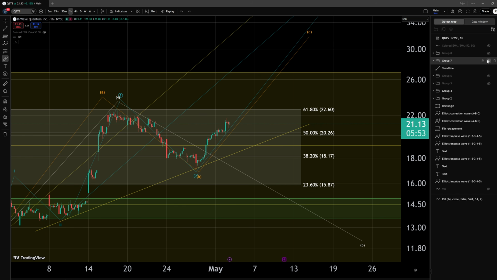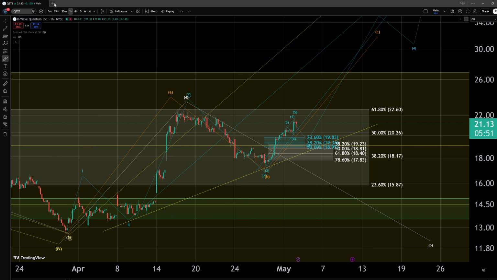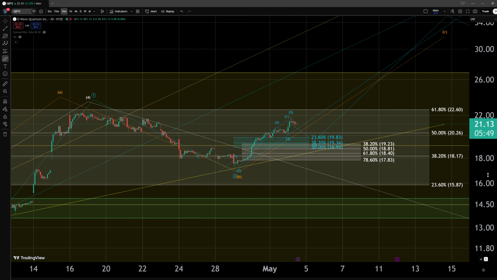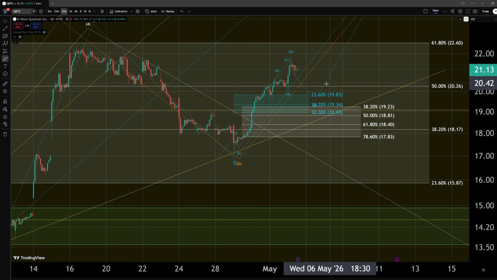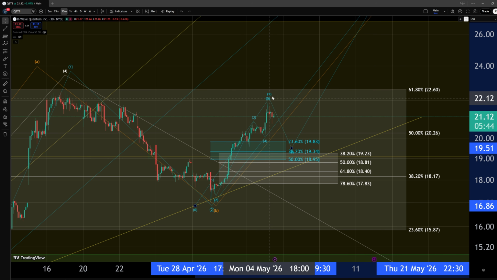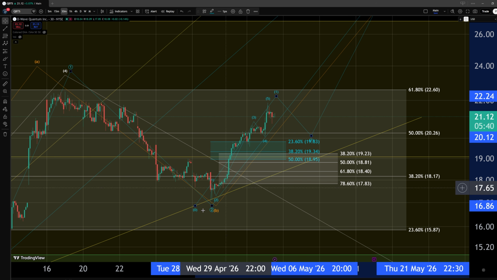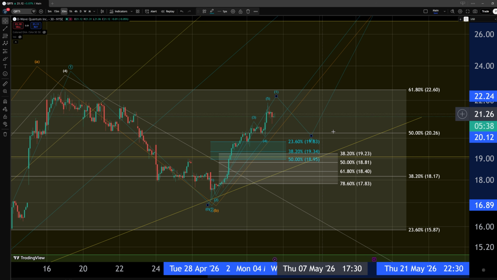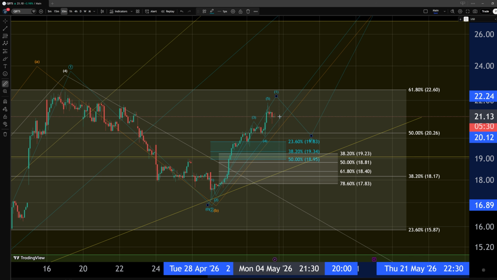Now, let's take a look at the internal pattern. So, within this movement to the upside, it is actually quite difficult to be certain of a wave 1 top being in place. And as long as we still extend higher and higher and we break apart more and more from this trend line, it is going to be more difficult to actually look for a position, because our risk is quite substantial at this point.